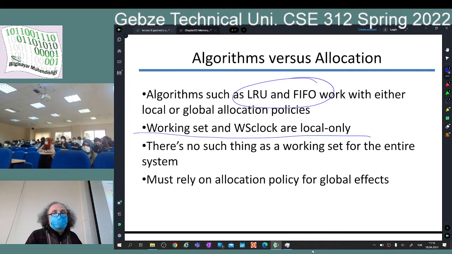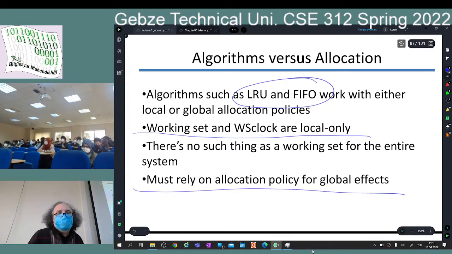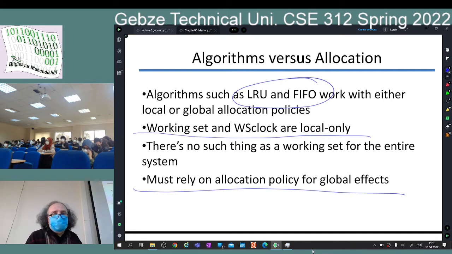So what am I going to do? Maybe I should rely on allocation policy for global effects. What do I mean by that? Each local working set decision should know that there are other processes running. So if I need to increase my working set size, then I'm going to ask the operating system to give me more memory. I need more memory because I now keep discarding my pages in my working set.